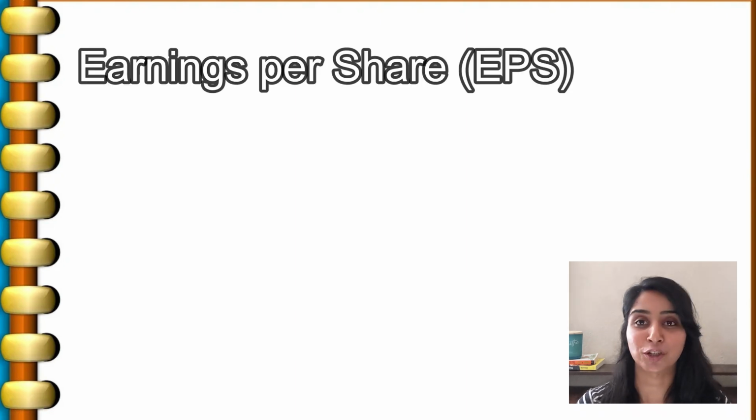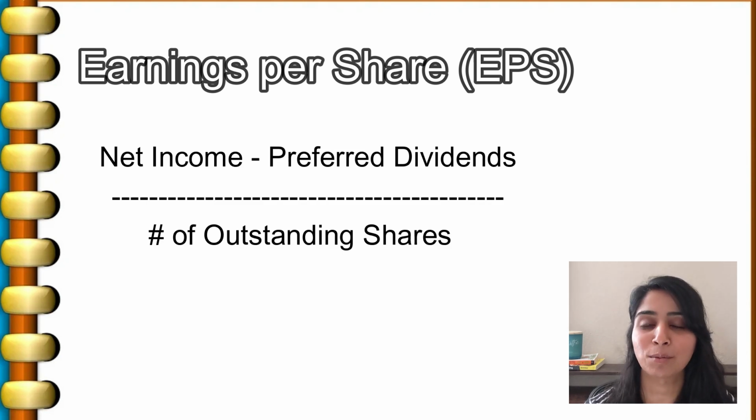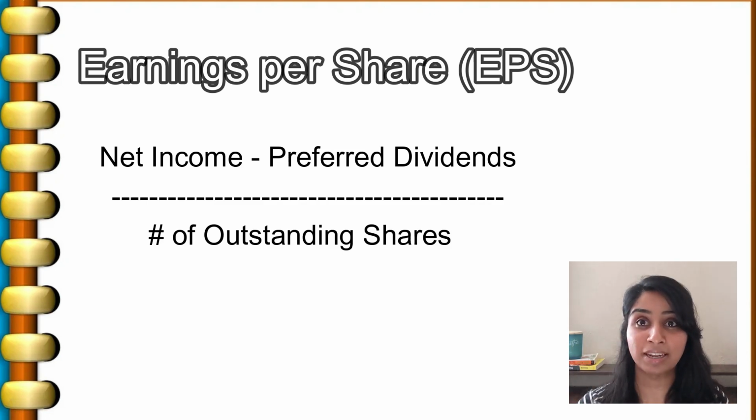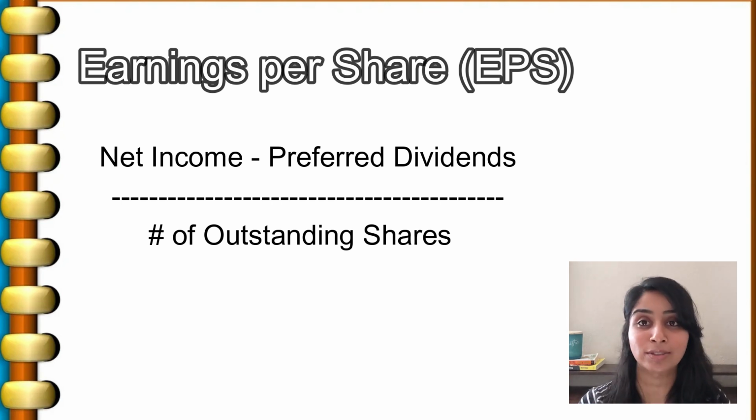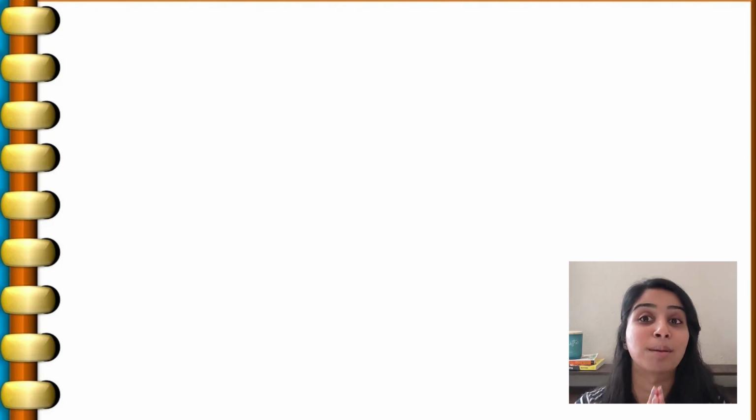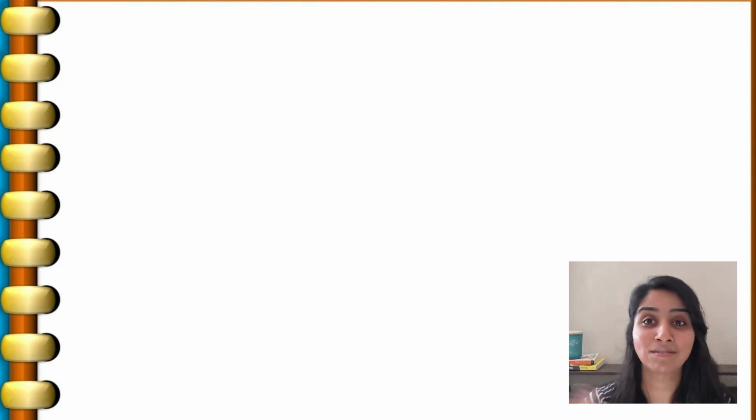EPS stands for earnings per share. If we look at the math, EPS of a stock is found by taking the net income of the company, subtracting the preferred dividends from that company, and dividing by the total number of outstanding stocks. If you just want to think about it simply, it's taking the entire net income or the profit of that company and dividing it by the total number of stocks out there.